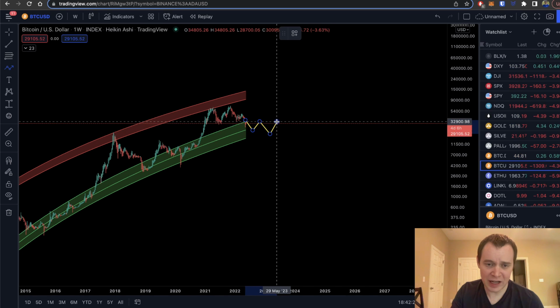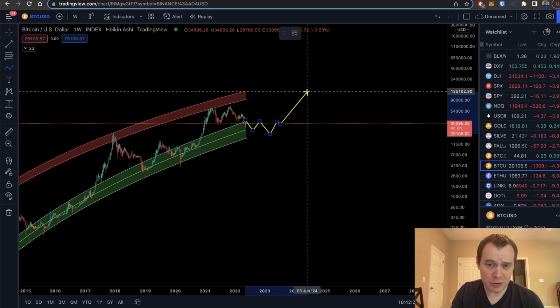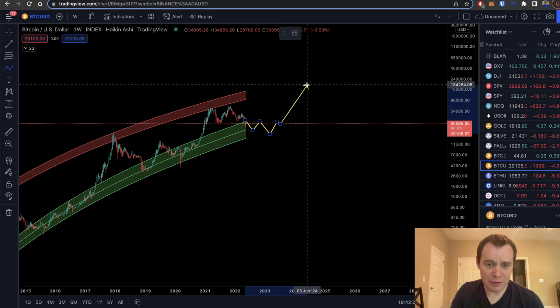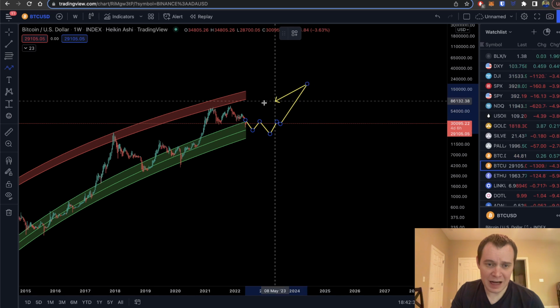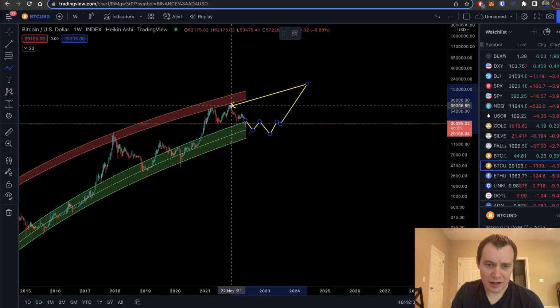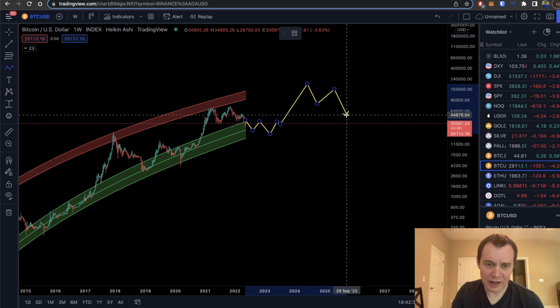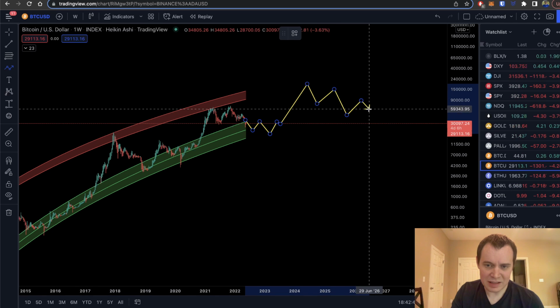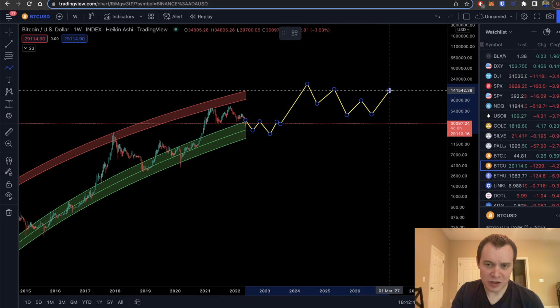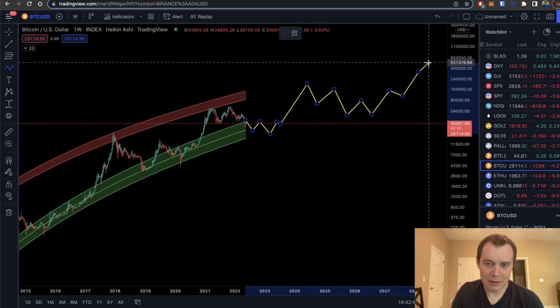Maybe we can go sub 20K. And then if we do come back up to the top of the regression band, then the argument is that this peak over here, we'd have no problem going back below, and maybe retesting some of these levels in the future, and then ultimately trying to go back up, something like that.